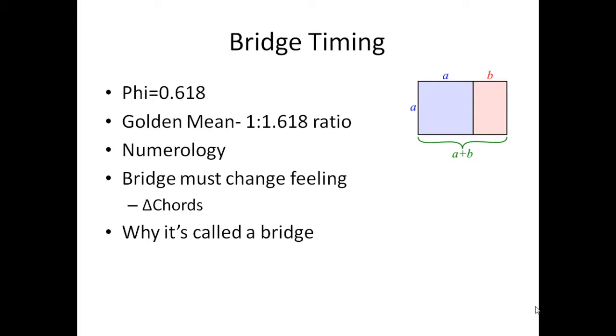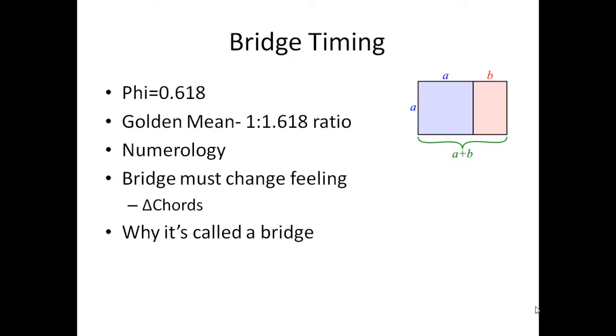Now, bridge timing. We're going to start getting into very esoteric and natural understandings of what music is and why it impacts us so much. Okay, so bridge timing is very important because we're going to use what's called the golden mean.